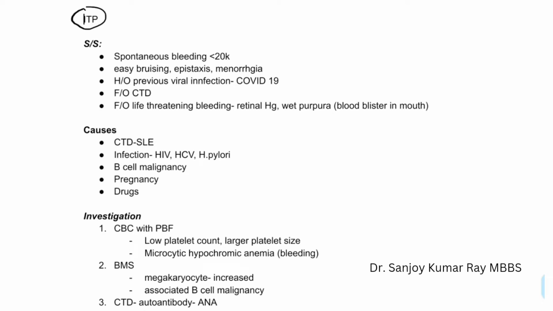But in adult patients, it usually develops into chronicity, and it is usually not due to viral infection. Rather, it is secondary to other causes in the case of adult patients.